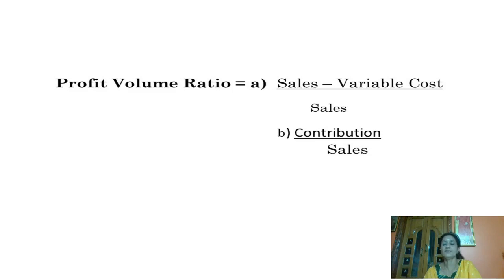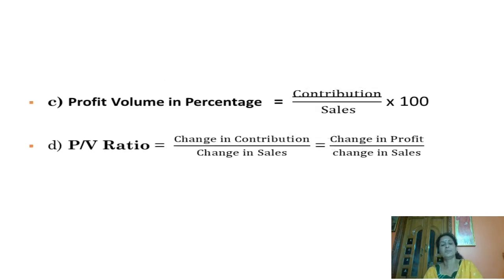If you multiply by 100, you get the percentage, that is nothing but profit volume ratio. As I told in the previous slide, contribution by sales into 100 converts it into percentage. So contribution we got is 60,000 divided by 1 lakh into 100, converted into percentage, that is the profit volume ratio in percentage.